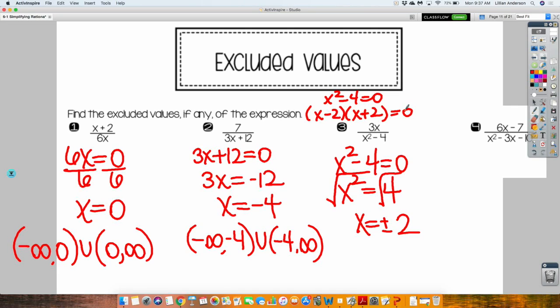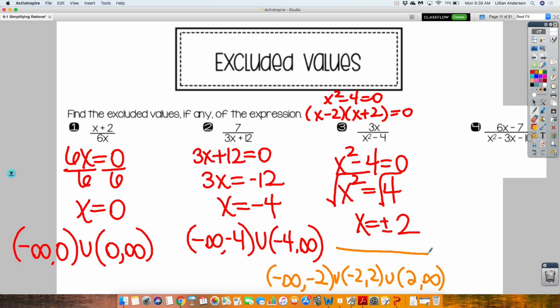Quick review of last unit. How would I write this in interval notation? Negative infinity to -2. I'm missing something. -2 to +2. You can't forget about the numbers that are in between -2 and +2.